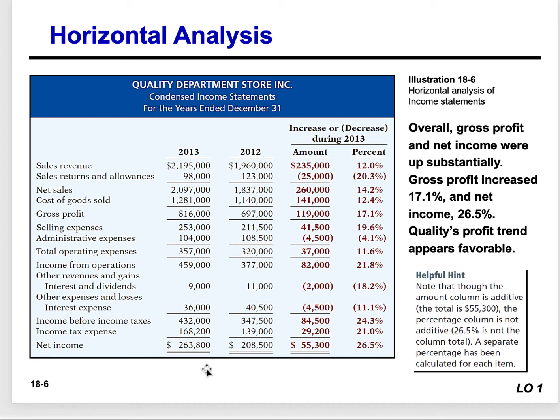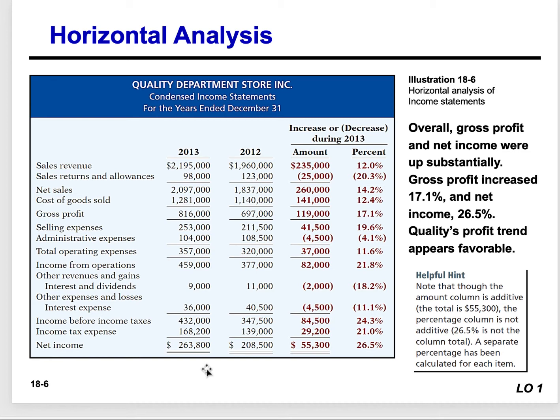Look at our sales returns and allowances, right? We see that it actually decreased from 2012 to 2013, right? Again, take 2013, subtract 2012 numbers, so 98,000 minus 123,000. Our returns and allowances decreased by $25,000. That's a percentage change of 20.3%, right? Now, what does that tell us?